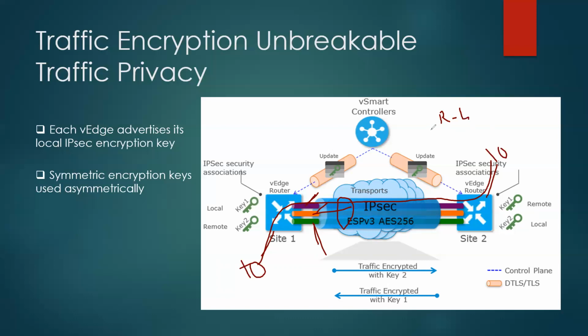You can do some sort of route leaking or route import export, whatever name you want to call it. So I want to send some route from VPN 10 to VPN 20, either on the same device or any device in the fabric. Unless you do some sort of route leaking or route redistribution between the VRFs, it will not work.